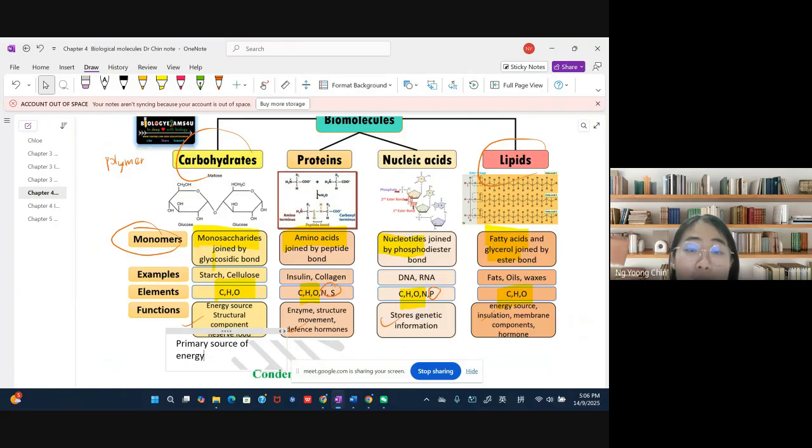If the carbohydrate is fully depleted, meaning there are no more carbohydrates, only then will the body break down the lipids to release the energy. So lipid is also considered a source of energy.